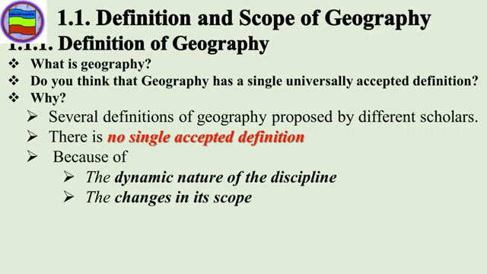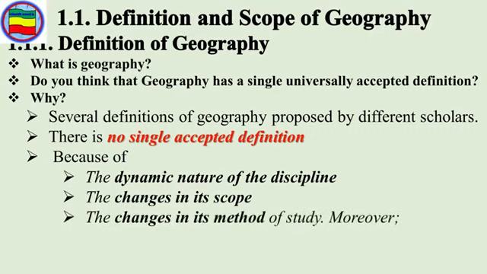The third reason why geography has no single universally accepted definition is the changes in its method of study, meaning the method of study is dynamic and varies from time to time. For example, in the early 1950s or before, geography used a descriptive or qualitative method of study.